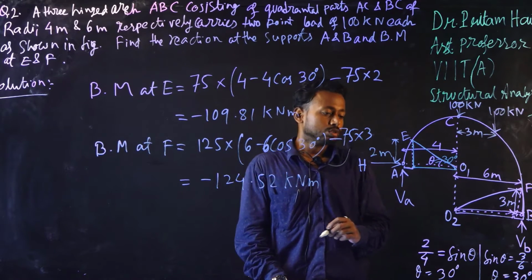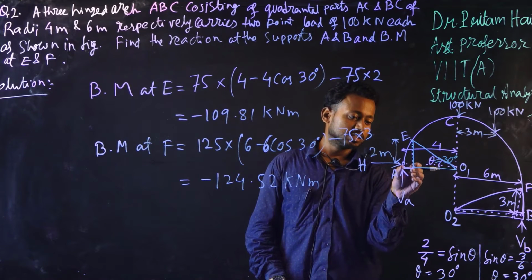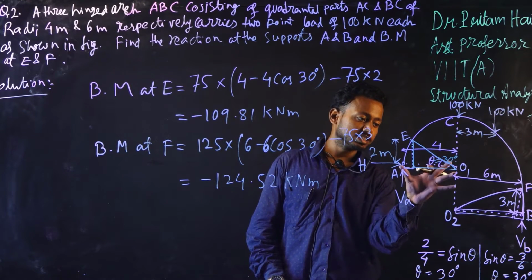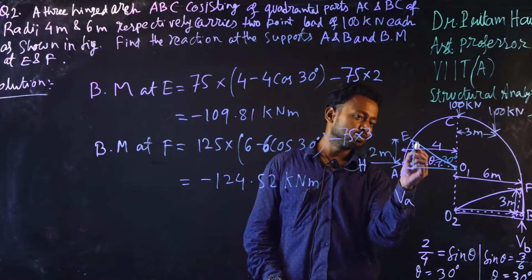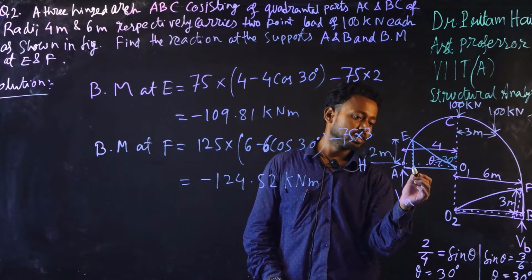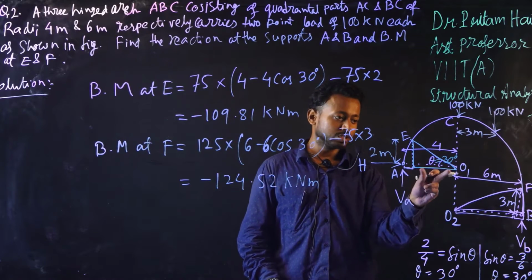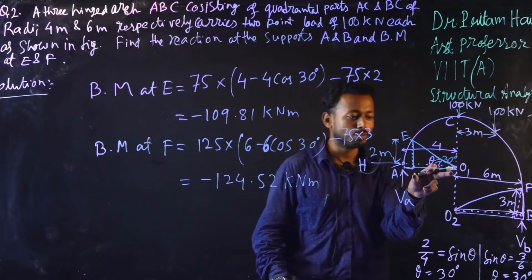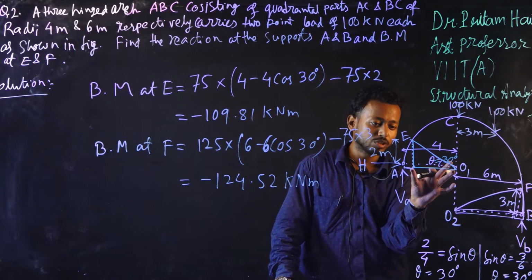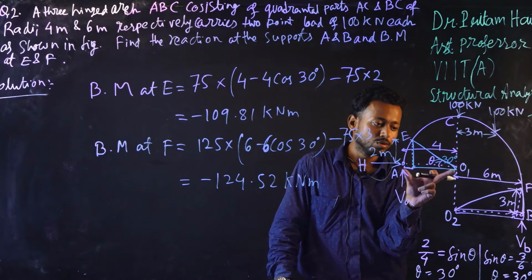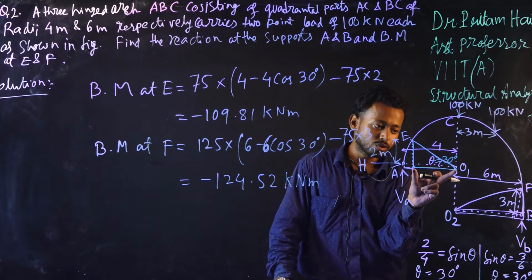Okay, so what will be this distance? This distance will be equal to this distance minus this distance. What is this distance? This is 4, so this will be 4 cos 30, because this is the base component, and the base component will be the cos component.